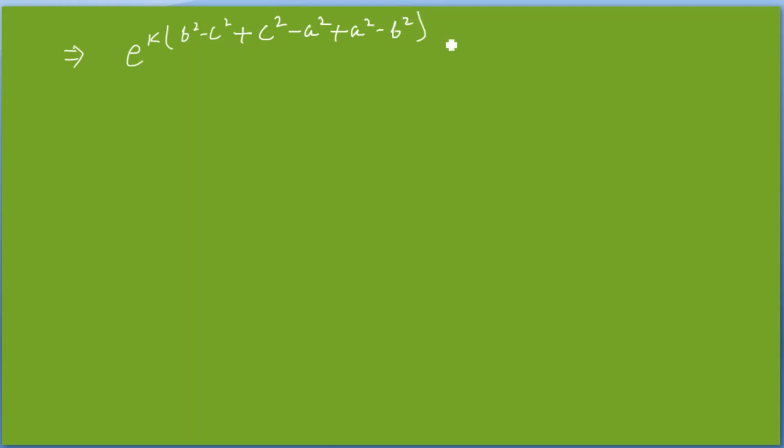You can also check by detailed solution considering each of the terms, and this is equal to e to the power k into 0, which is equal to 1, which is equal to RHS. Hence it is proved.